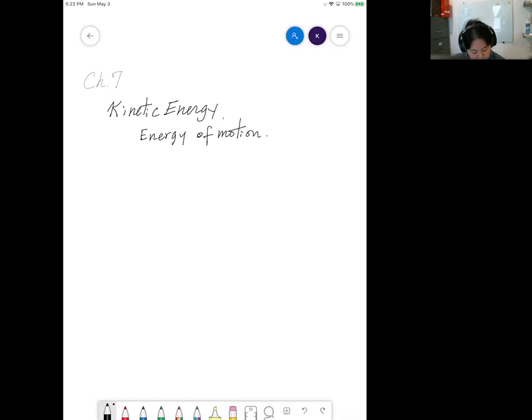I'm just going to give you the definition straight. Kinetic energy is equal to 1/2 times the mass of the object, so the heavier the object is, the bigger the kinetic energy, and the speed, how fast it's moving, but it's squared.